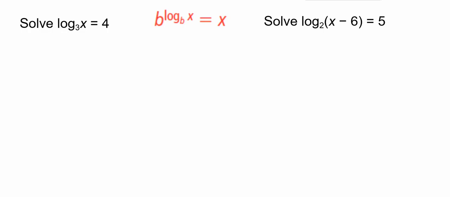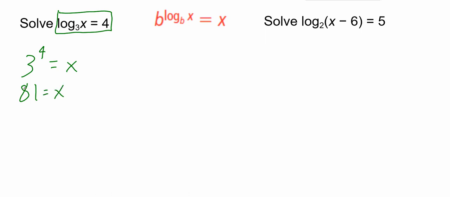All right, so the first one we're going to look at is log base 3 of x is equal to 4. Remember that if we use the definition of logarithms, this is equal to 3 to the 4th equals x. Well, that's easy enough, 3 to the 4th is 81, so x is equal to 81.